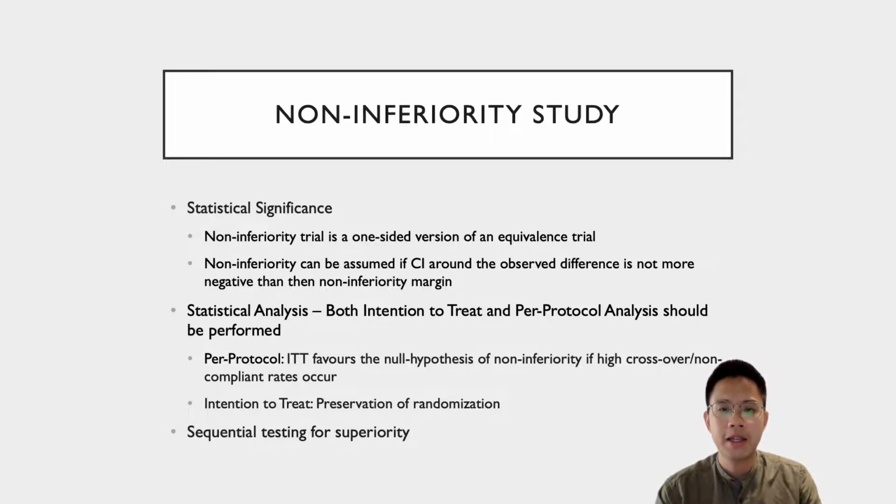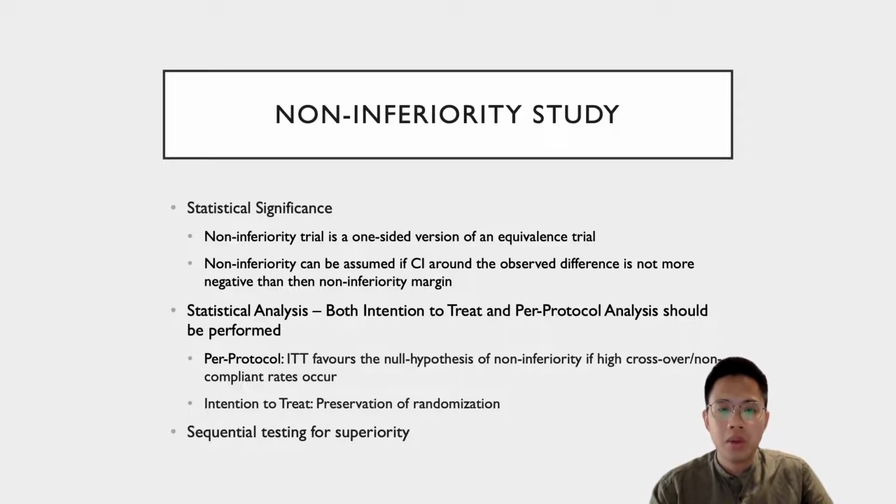What this is saying is that if there is a high proportion of patients who cross over to the other arm or were not taking the medicines, the overall effect suggested would be that there is no difference, right? Because essentially the patients in the intervention arm are then moving to the control arm, and if you use an intention to treat approach, then the overall effects would tend towards similarity.